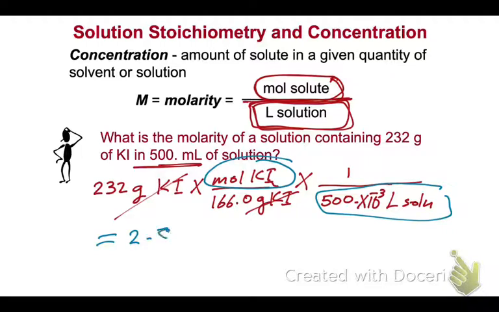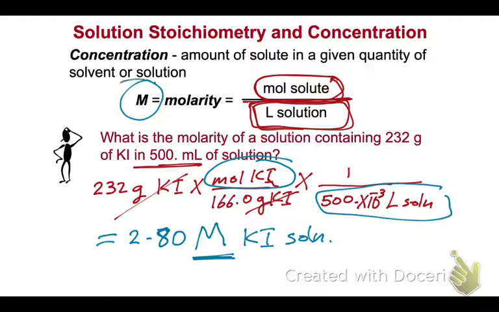Actually, when you are going to round, 2.80 molar. This is the concentration unit, molar, of potassium iodide solution. So big M. Remember, big M is molarity. All right, let's look at the next slide.